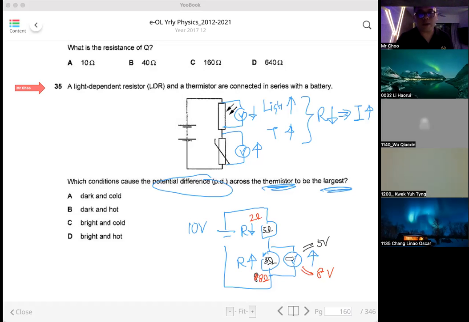So if I want this voltage or this potential difference to be as high as possible, this resistance should be as high as possible, or this resistance should be as low as possible.